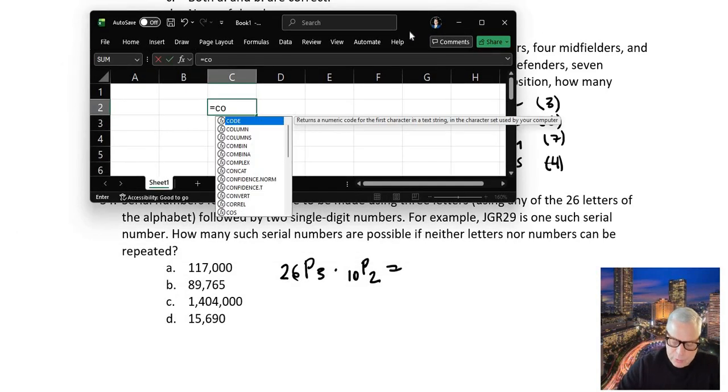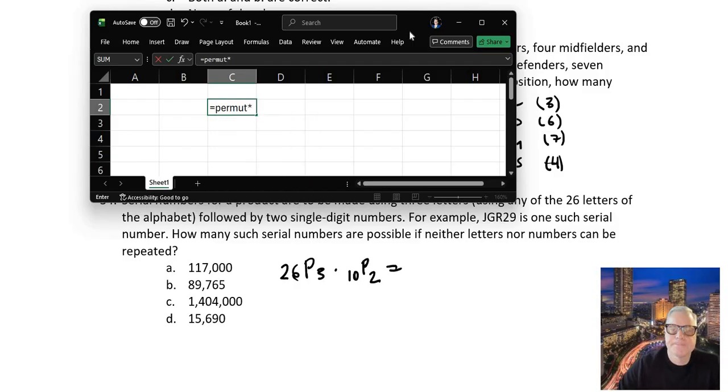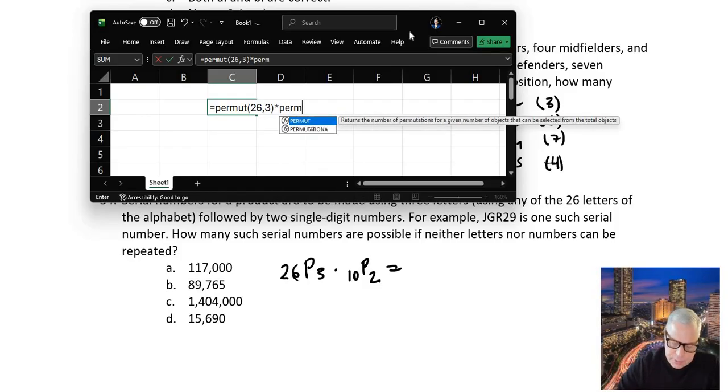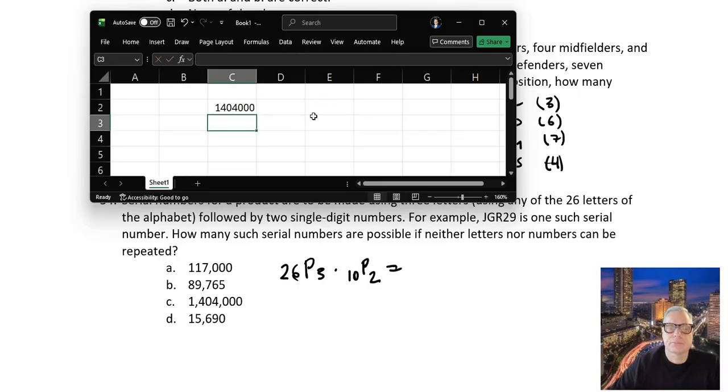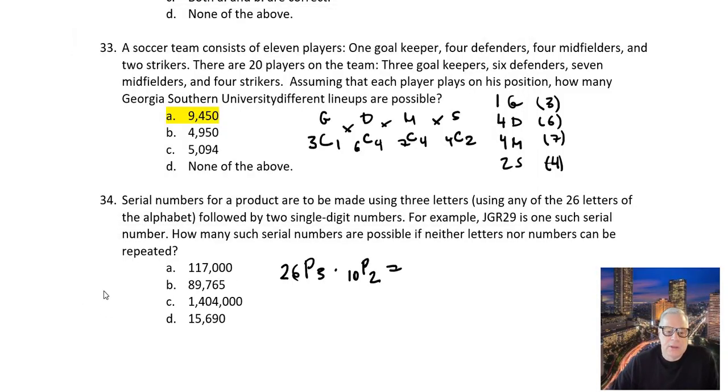So now we would say equals PERMUT, of course, permutation, 26, 3, times PERMUT 10, 2. So they are 1,404,000. So that would be C.